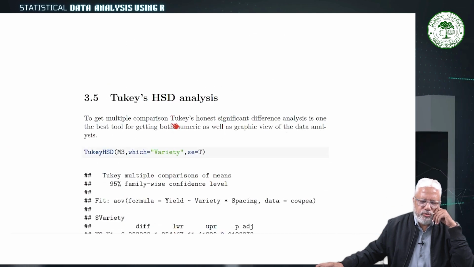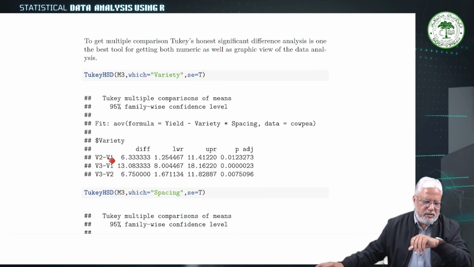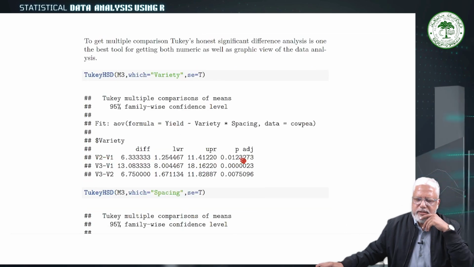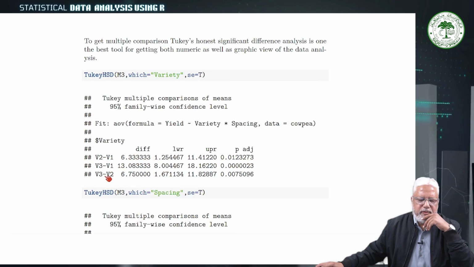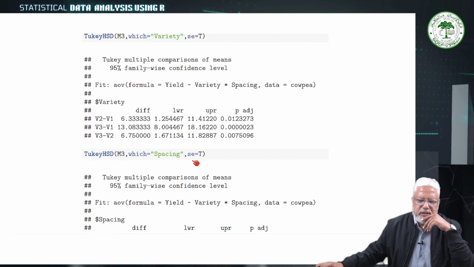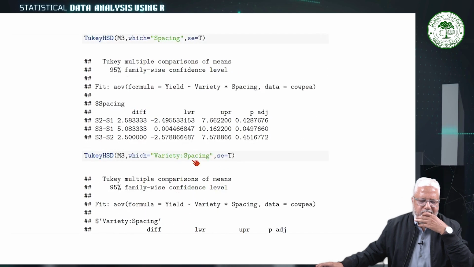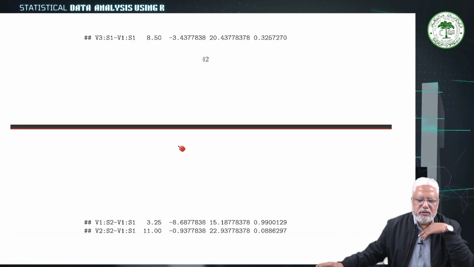TukeyHSD, multiple comparison. Here V2 versus V1, the difference is this and it is significant. V3 versus V1 is significant. V3 versus V2 is significant. So TukeyHSD, and then TukeyHSD for spacing versus variety.